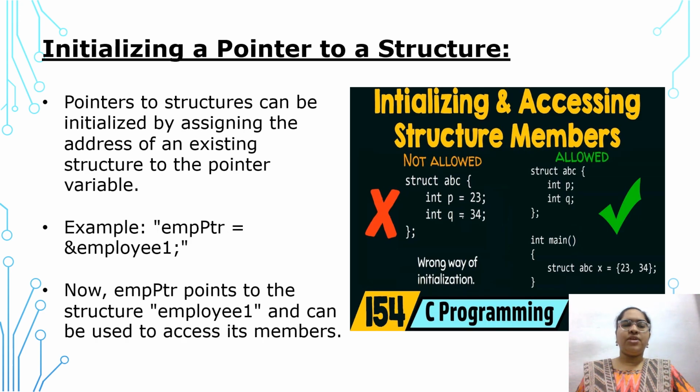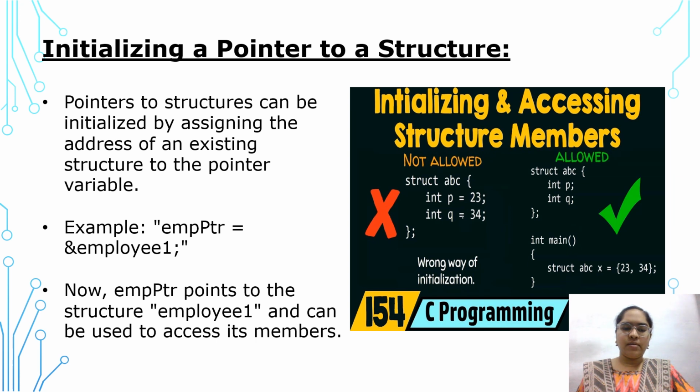Next, initializing a pointer to a structure. In any program, declaration and initialization are very important, and initialization of a pointer to a structure is done by assigning the address of an existing variable. If we look at the example, it is empptr equals address of employee1.